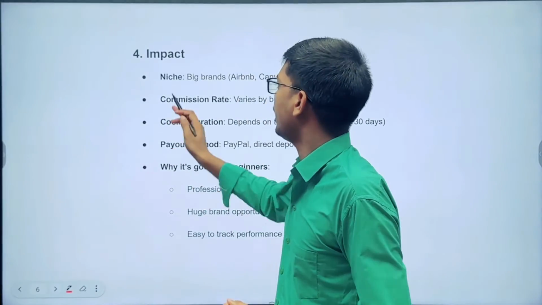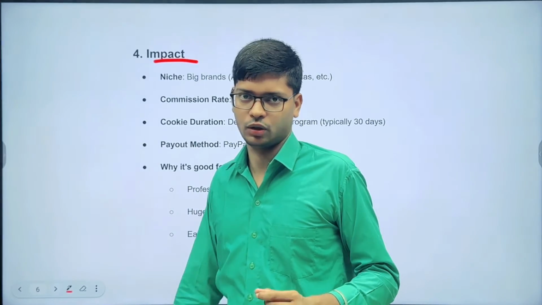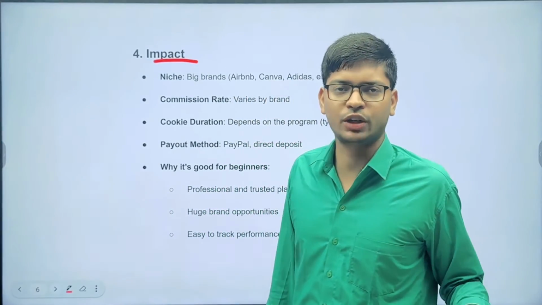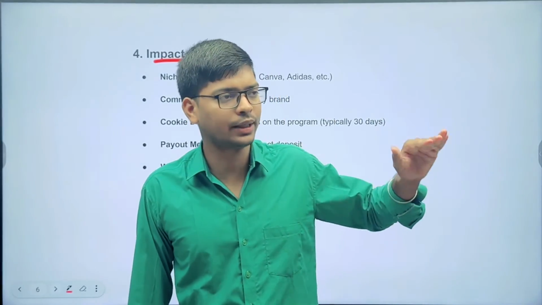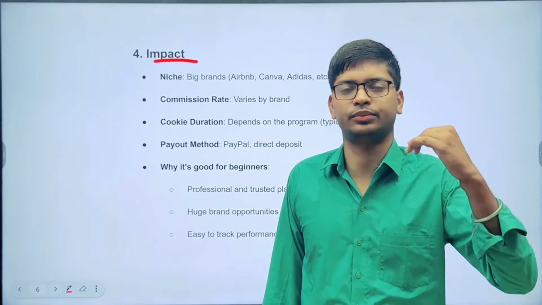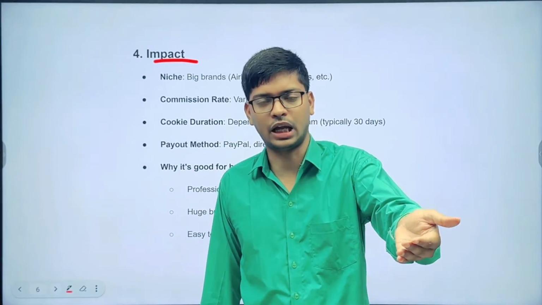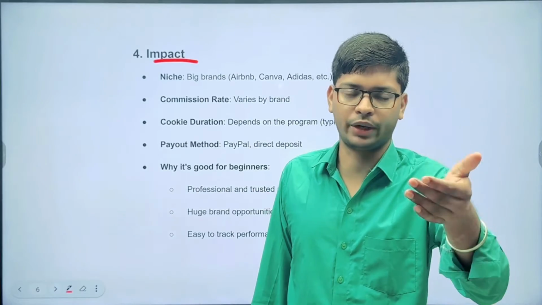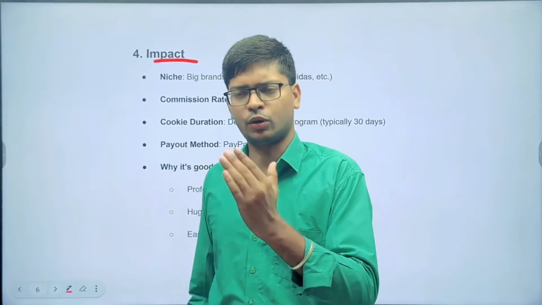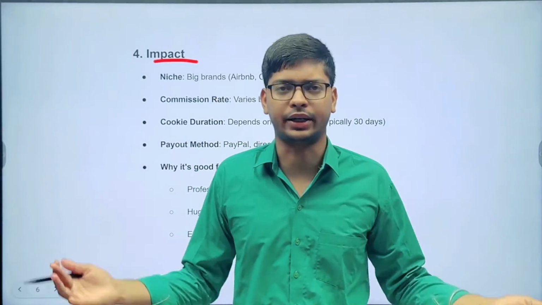Fourth is impact.com. It's a very famous affiliate program here because you will easily get multiple sites' affiliate programs and multiple product services, because it's a combination of affiliate marketing.